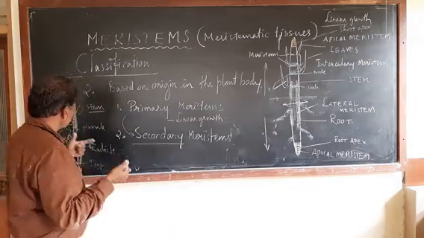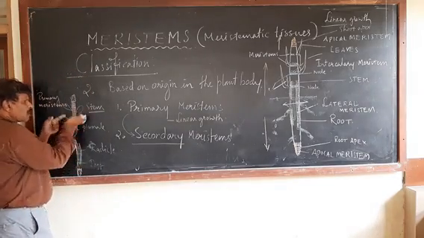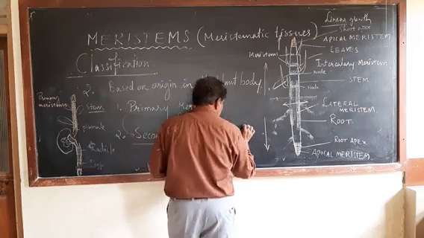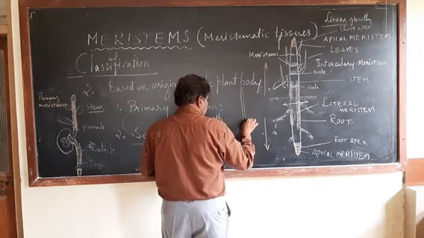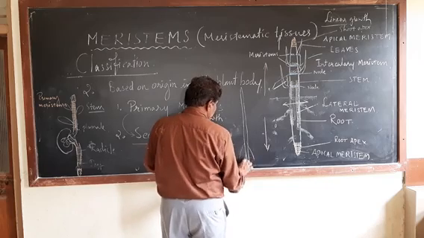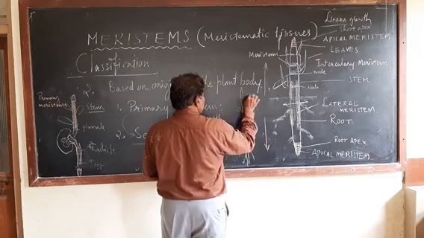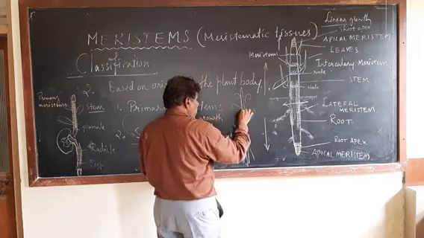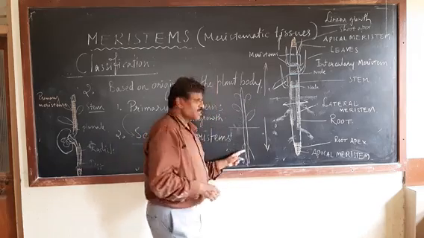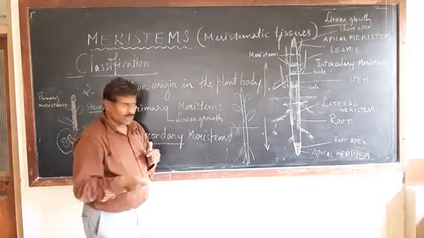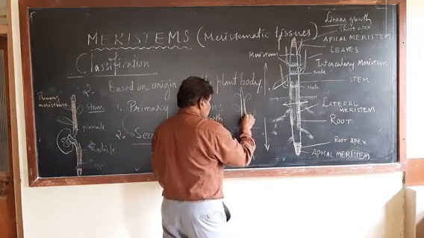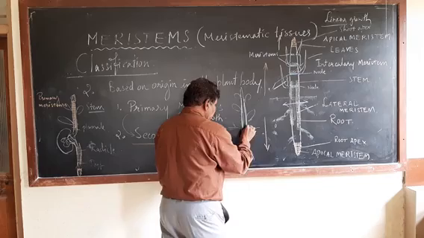When the plant becomes old and keeps on growing, not only does the length of the plant increase, remember, the girth of the plant body also increases. Suppose you consider this as a stem, this as a root. The girth of the stem increases, the girth of the root increases.